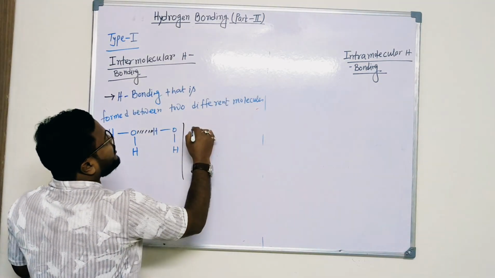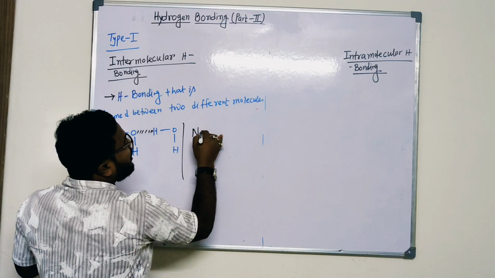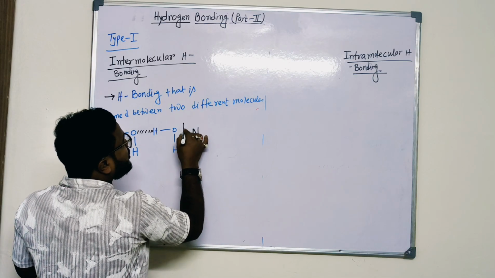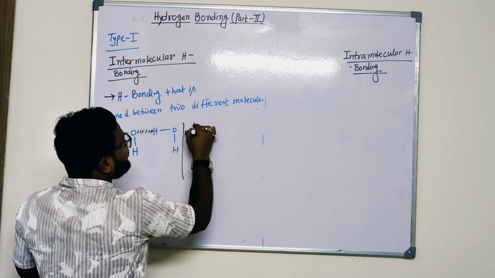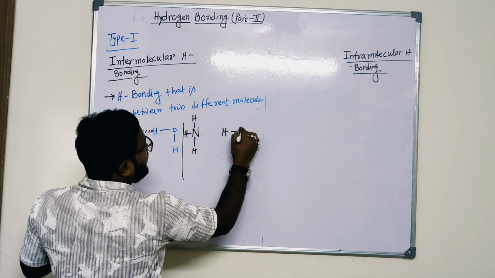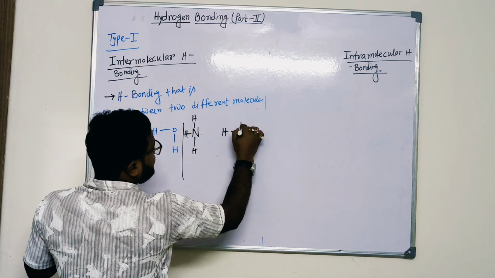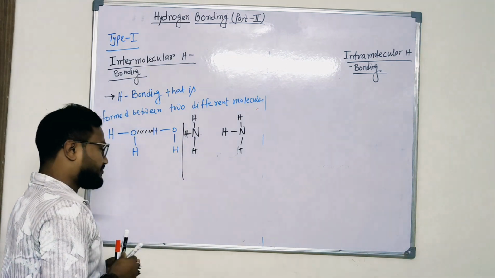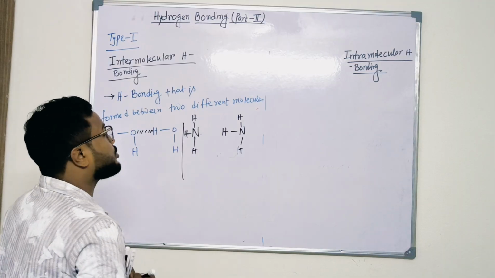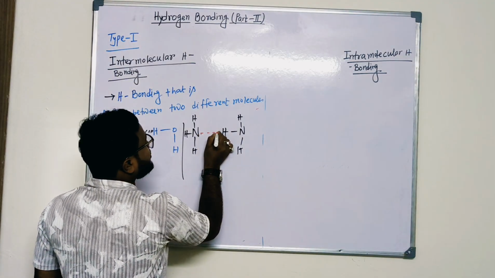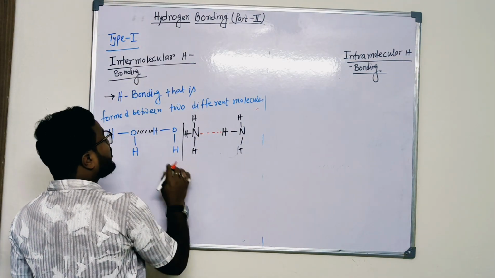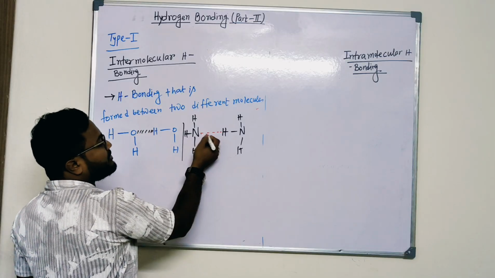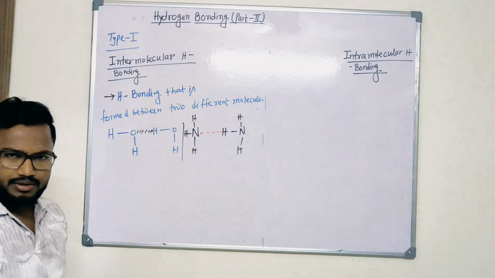Between two NH3 molecules, the hydrogen bonding observed is also considered intermolecular hydrogen bonding. Hydrogen bonding is represented by either these lines or these lines; both have the same meaning.